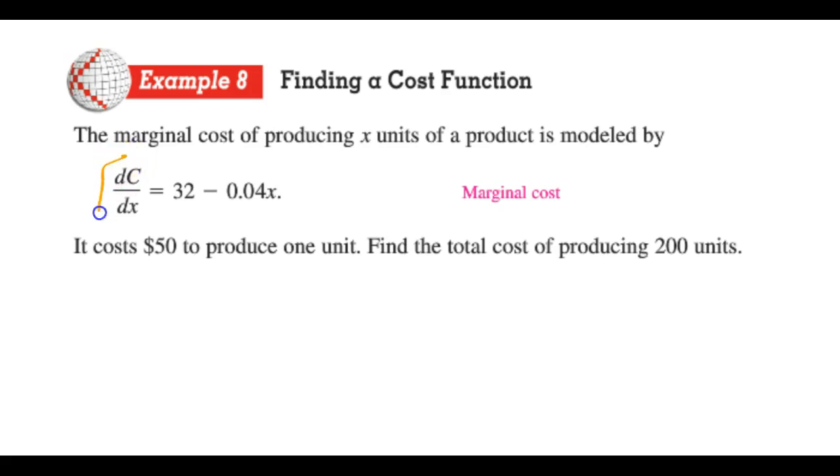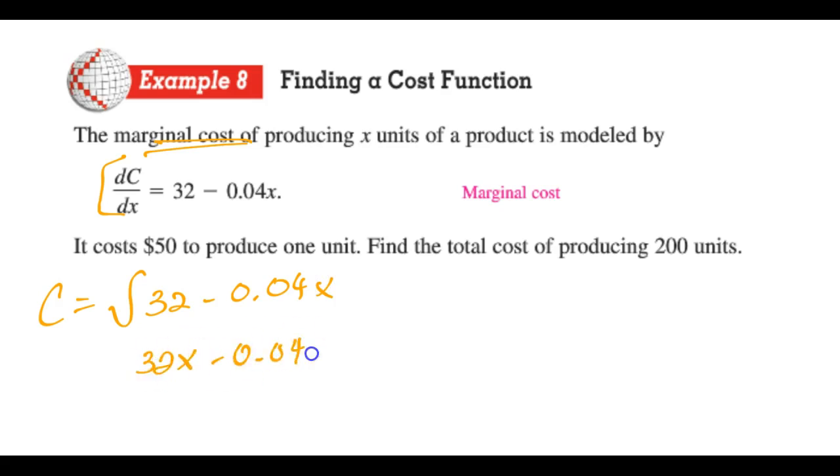They're giving you marginal cost, and they say, let's integrate marginal cost to find the cost. So we'll integrate this to be 32x minus 0.04 x squared divided by 2.